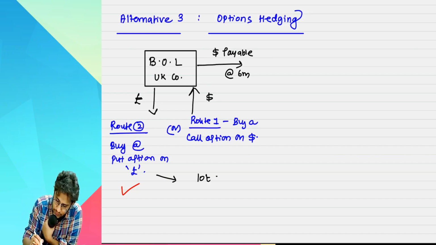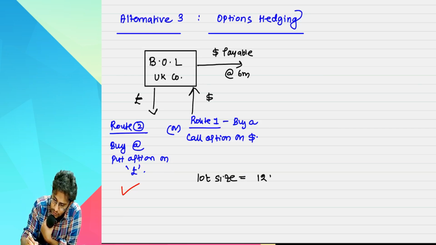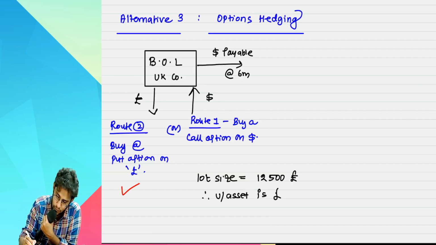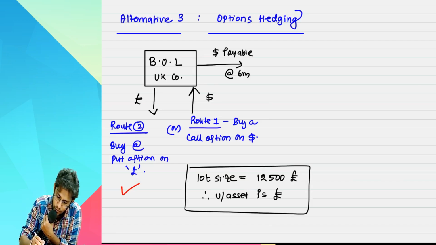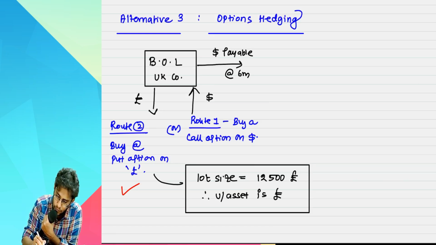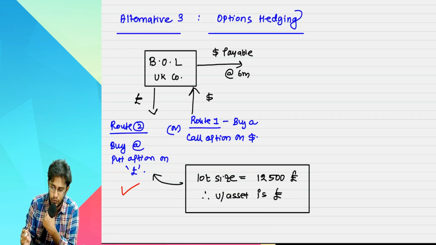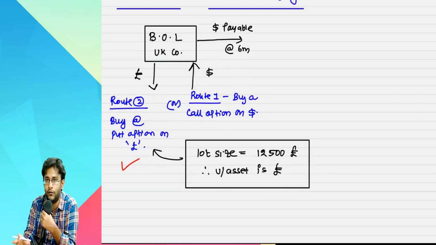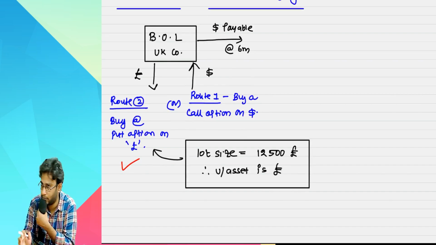Why this one? The lot size is given as 12,500 pounds. Therefore, the underlying asset is pound. So you'll select route 2. Even if you do not write all this in the exam, it is perfectly all right, but inside it should be there.